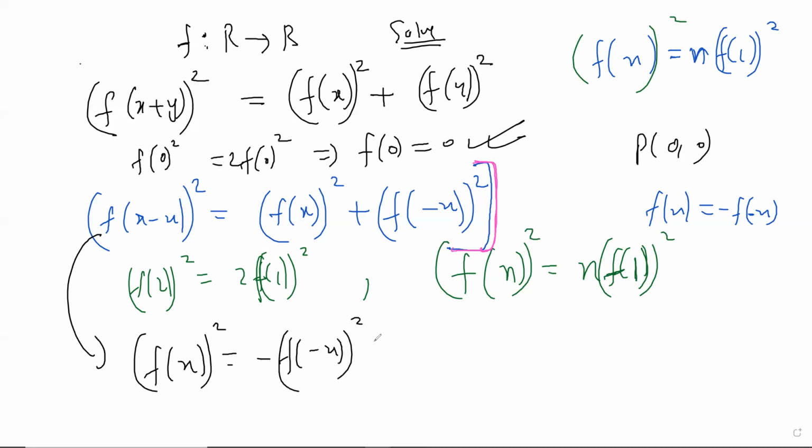But is this possible? No, it can't be negative. So that means there is no function from R to R. Very good. So the answer is no function from R to R.